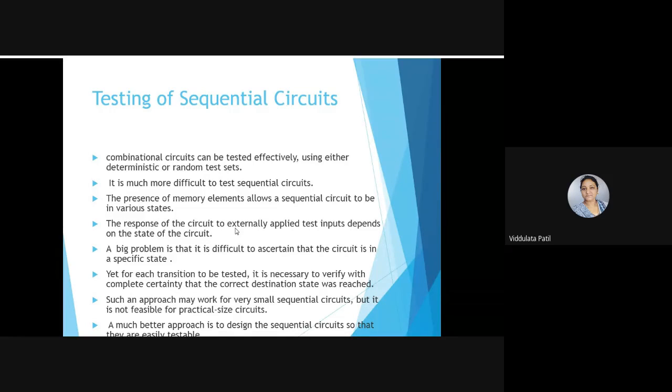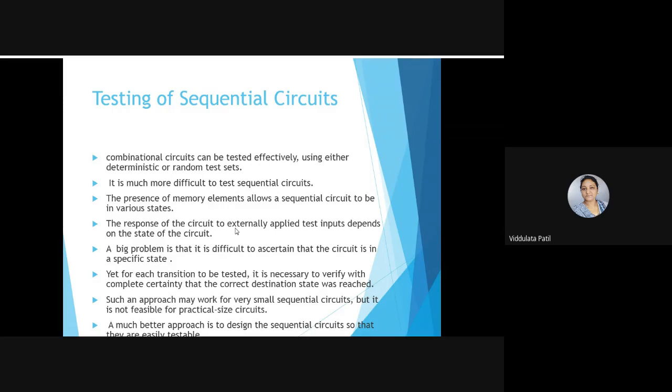That means even if we consider each and every state of the sequential logic circuit, at a particular testing point we need to verify that the correct state was reached when we are testing that sequential circuit.